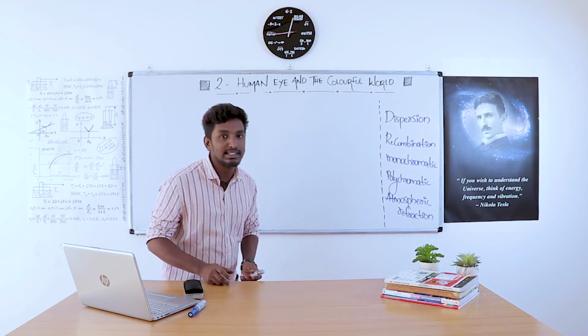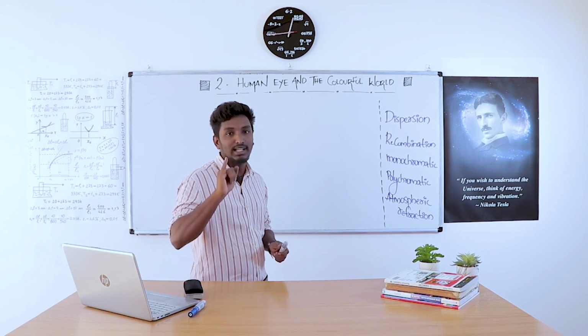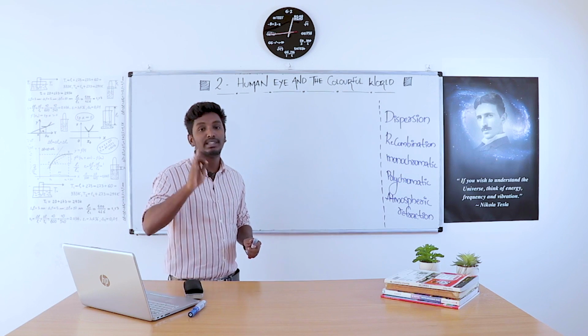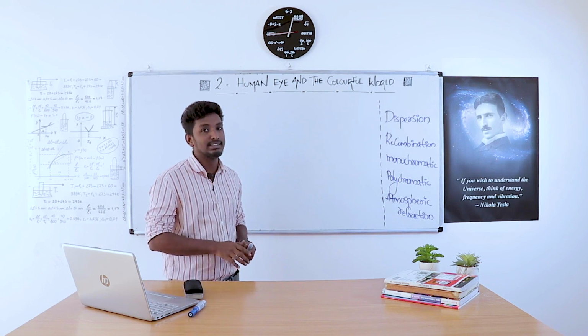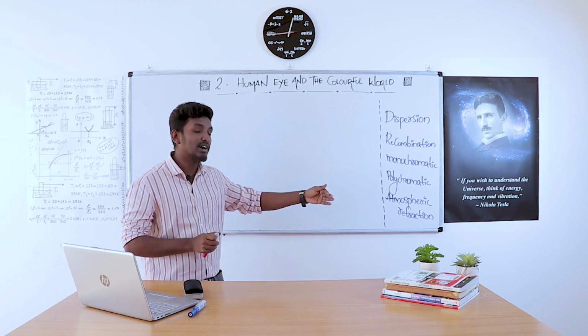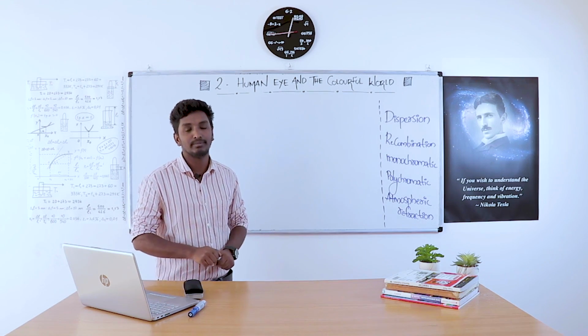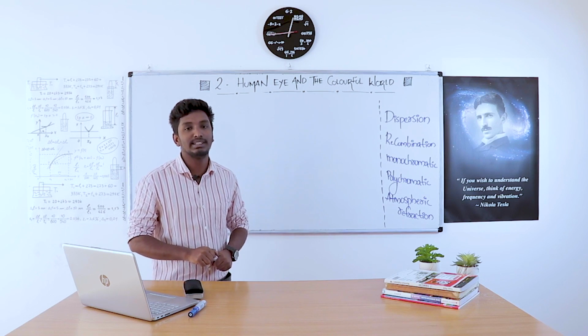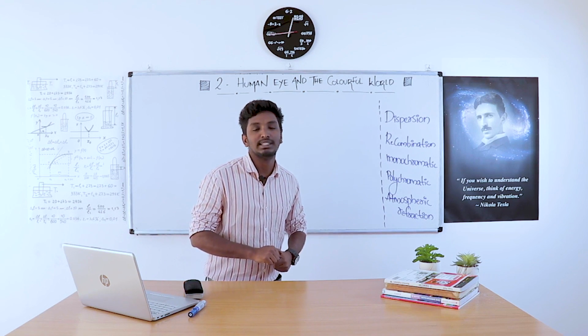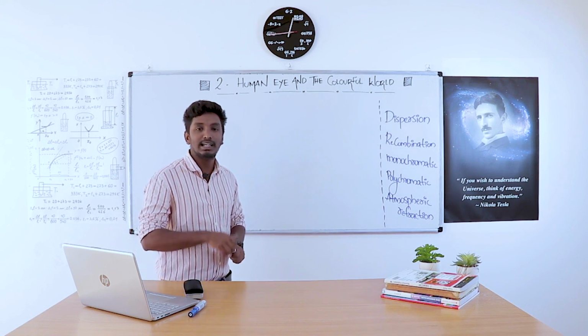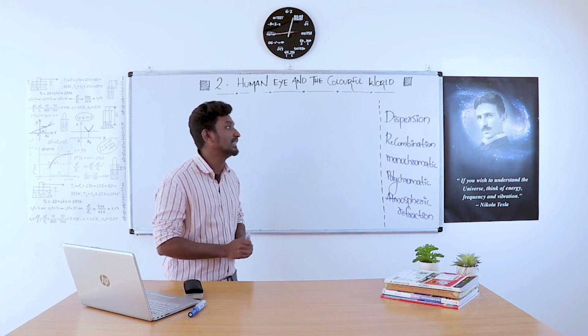White light or sunlight consists of 7 colors: violet, indigo, blue, green, yellow, orange and red. When this white light is split into 7 colors, that phenomenon is known as dispersion. So we can simply say that dispersion is the phenomenon of splitting up of white light or visible light or sunlight into its constituent colors.